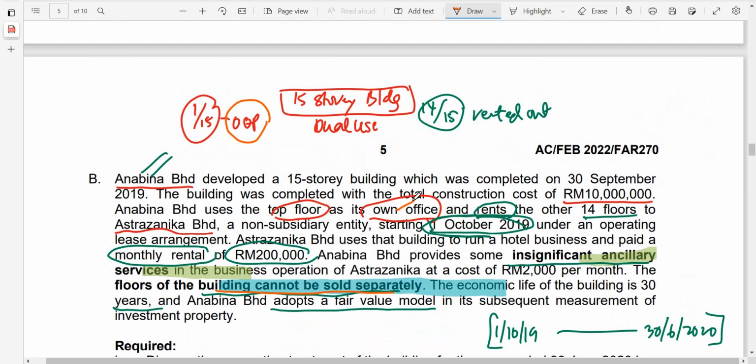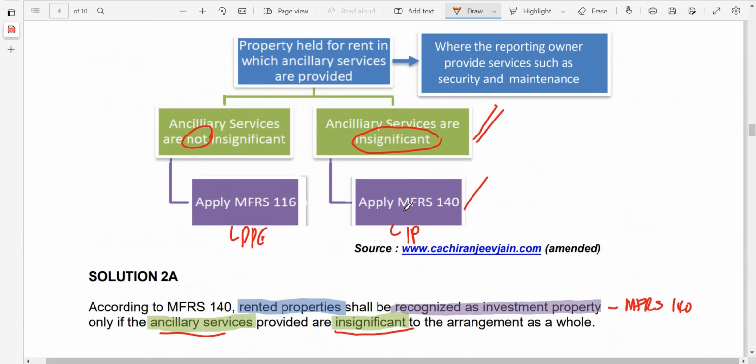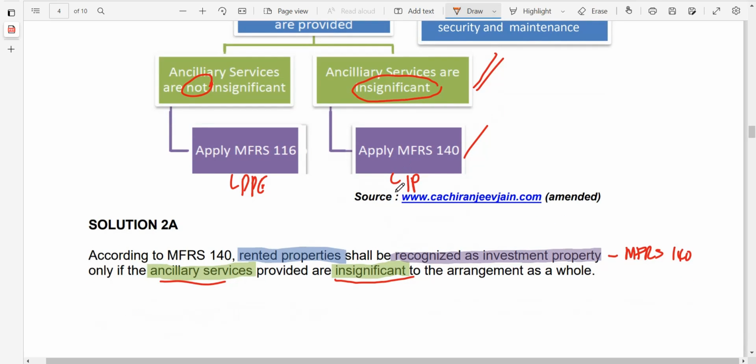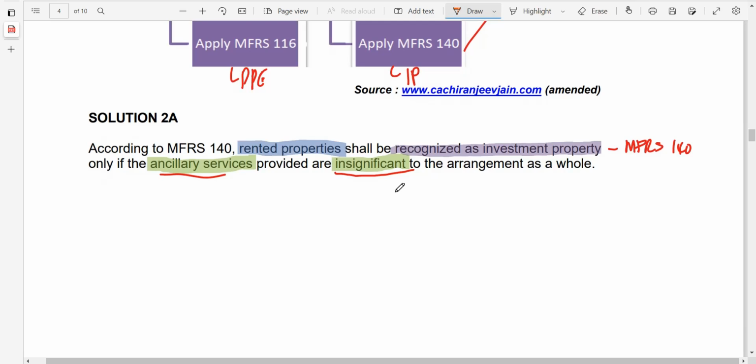So if you recall back what I did here, for the case of ancillary service, remember the same property just now also provided ancillary service, and our case just now was that it was insignificant ancillary service. If that is the case, it will apply MFRS 140 and it will be accounted as IP.